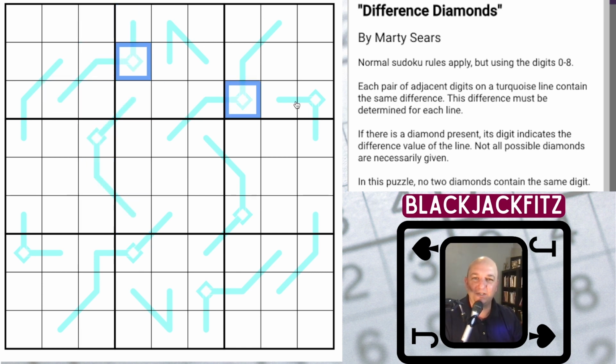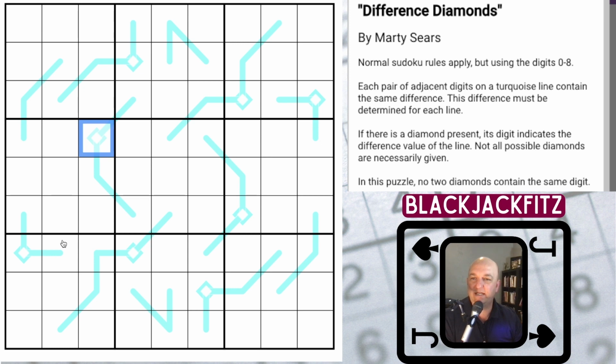Because the first thing we should do is count these, right? So we've got 1, 2, 3, 4, 5, 6, 7, 8. So we're going to have 8 of the 9 different digits on here. And I think that I actually ruled out that there can't be a 0. There's no line where each digit can be a 0 on the line.